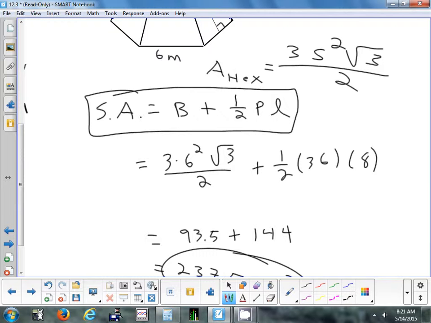I gave you the perimeter, or you could find it easily, and I gave you the slant height. And I had you find surface area. I could switch that up. I could give you the surface area, give you what you need to find some of the other variables, and say, find the slant height. As long as you knew this, this, and that, you could solve for the slant height. So you always have to be given 3 out of 4 of the variables.